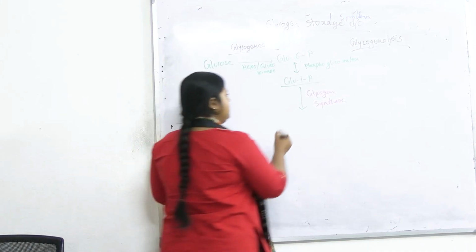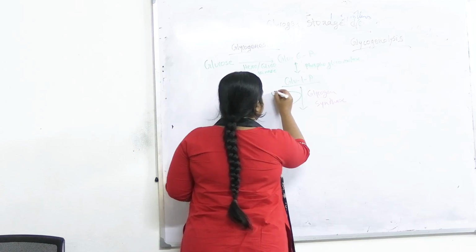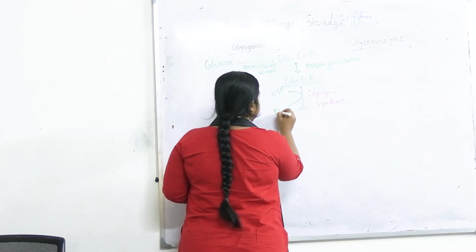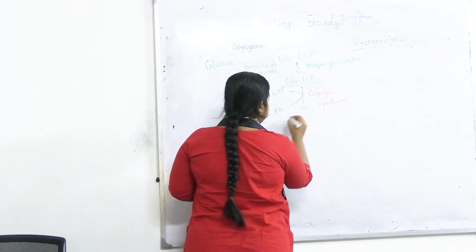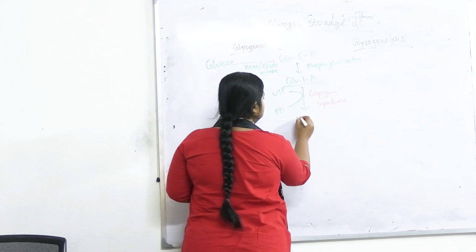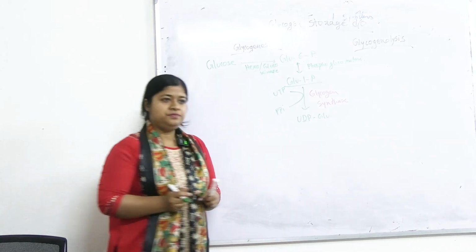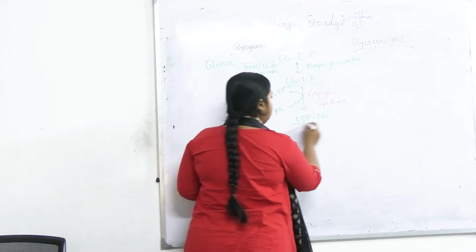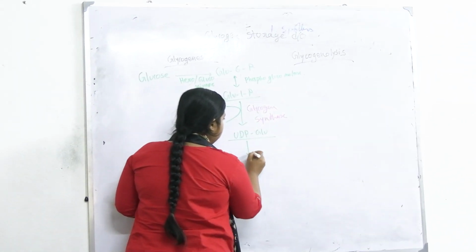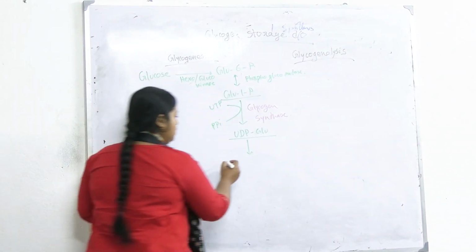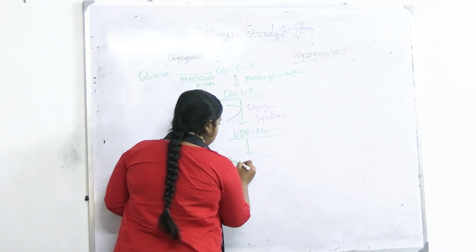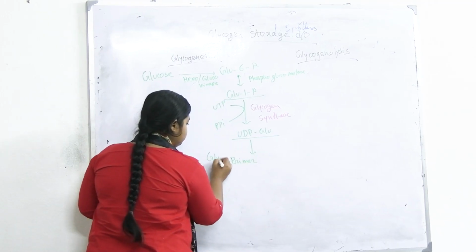So what happens here? UTP comes, PPi is released, and what is produced? UDP glucose, right? So this UDP glucose then gets added to the primer, glycogen primer.